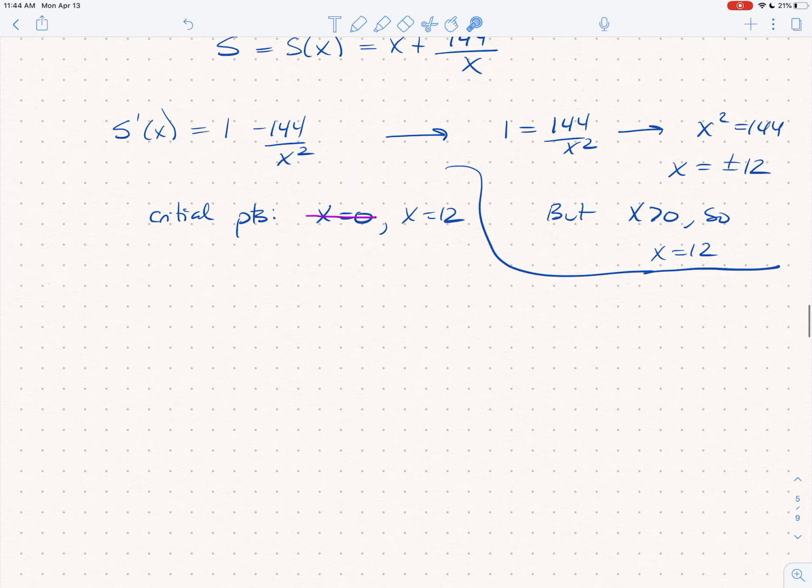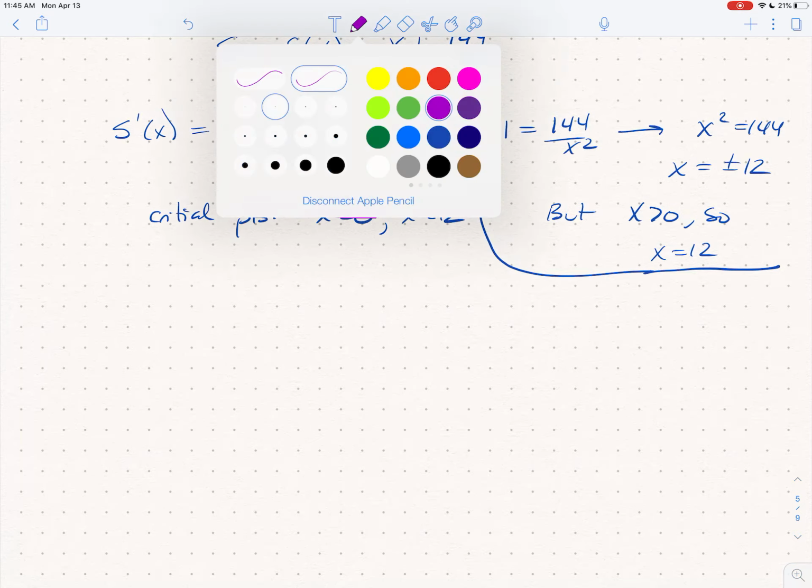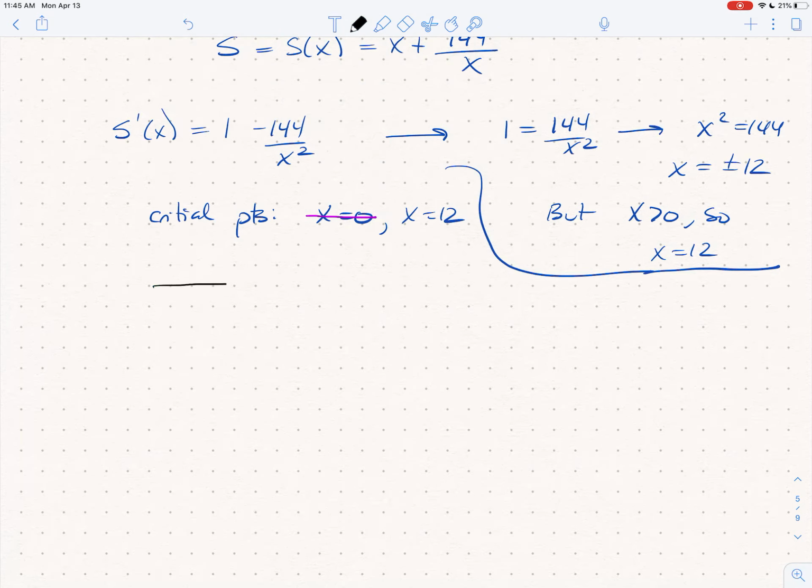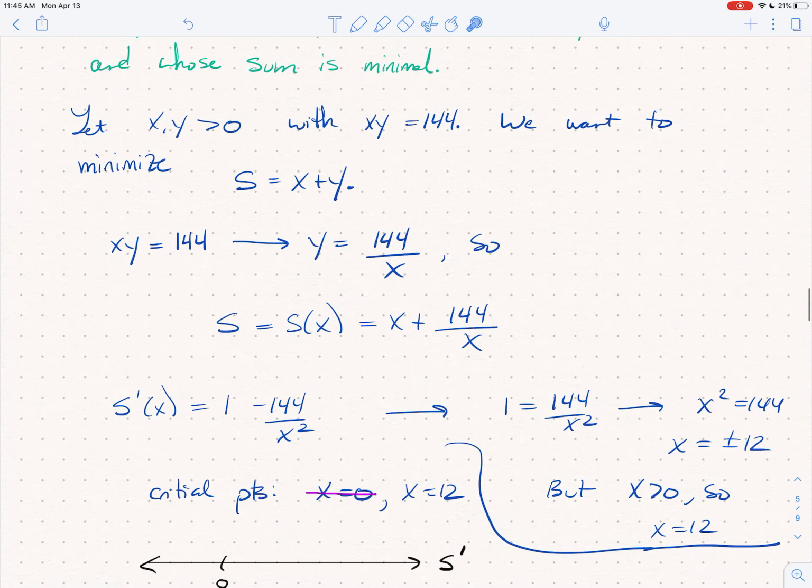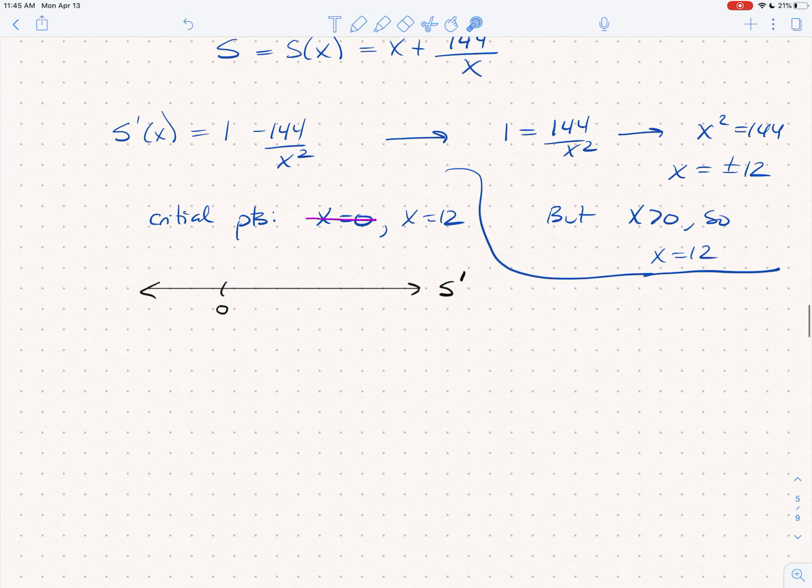I just wanted to mention that technically it's also a critical point. I'm going to make my number line for S prime. I'm going to put my restriction. I'm forced to be bigger than 0, so I do want to make sure that 0 goes on there, not because it was a critical point, but because everything has to be bigger than 0. So get that on there. Then you've got your 12.